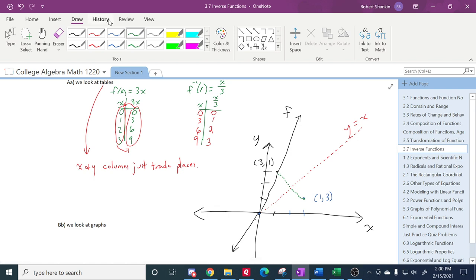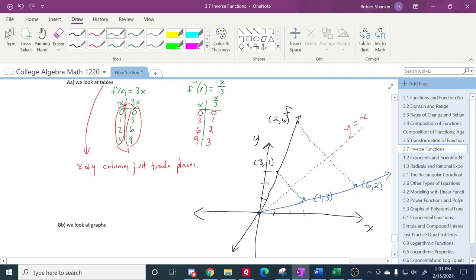And every single one of these points over here, if this was (2, 6), when we take this perpendicular to the line y equals x, extend it the same distance over here, and then we get its image point. Now these 3 points are all a straight line. If we connect them, we get this.